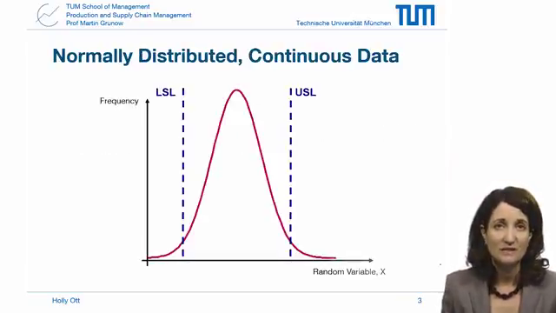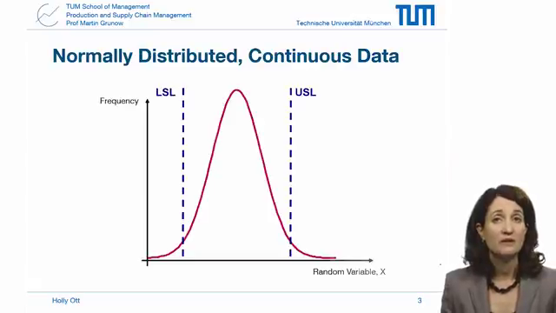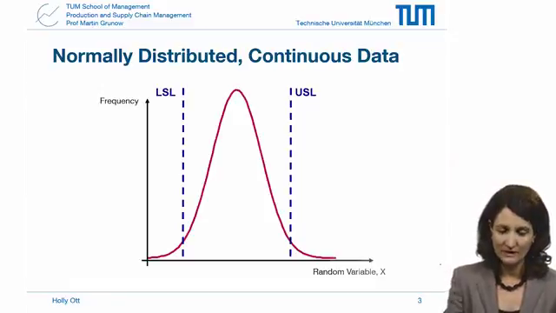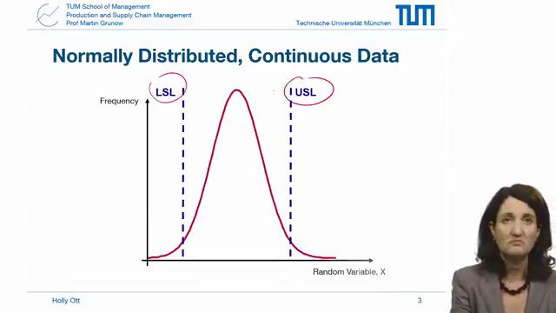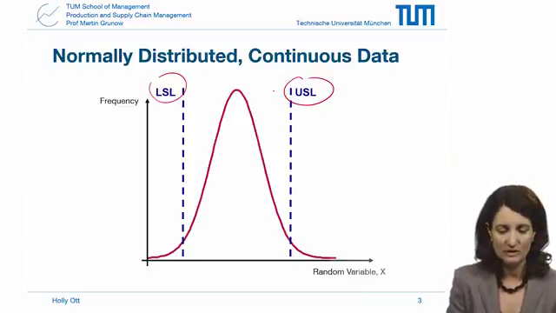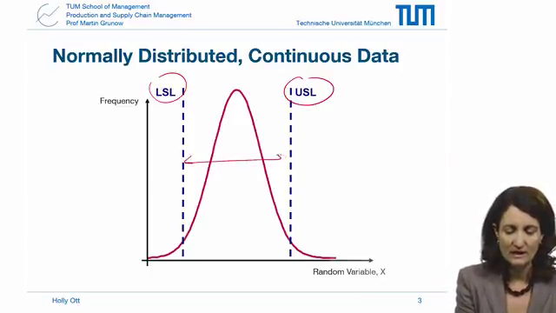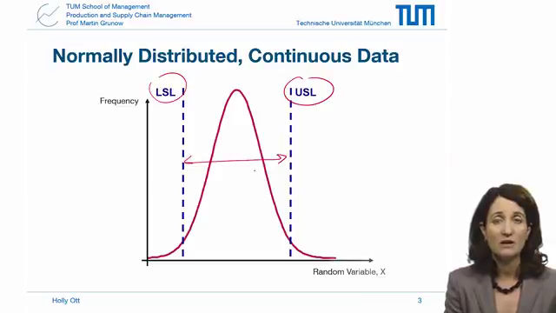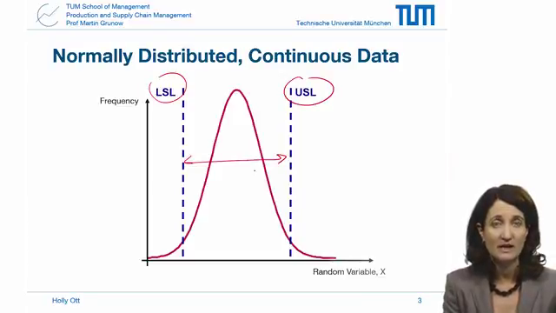So again, CP and CPK. These are capability metrics which compare a continuous distribution to given specifications. And we assume then, for these metrics, a normal distribution, and a process that produces all of its units within these specifications is said to be a capable process.